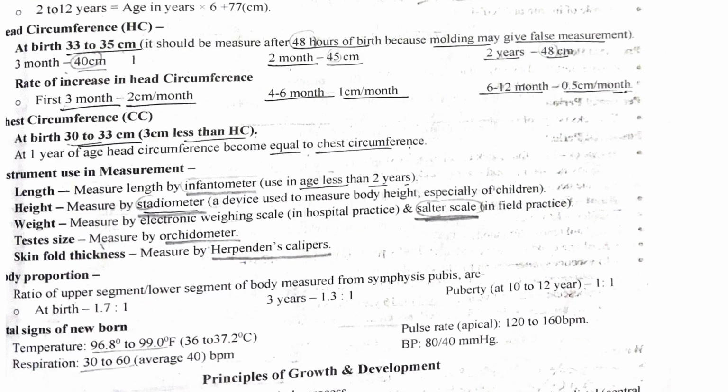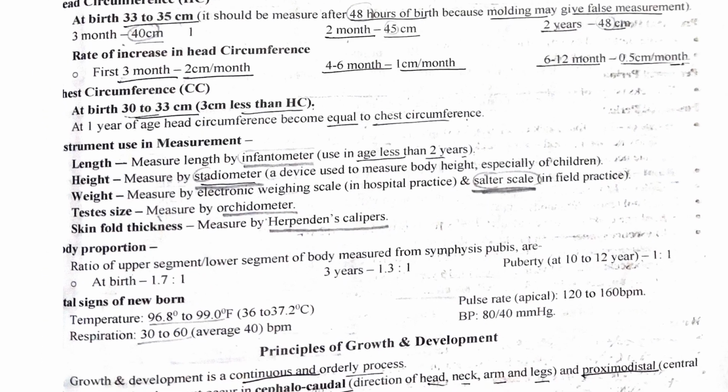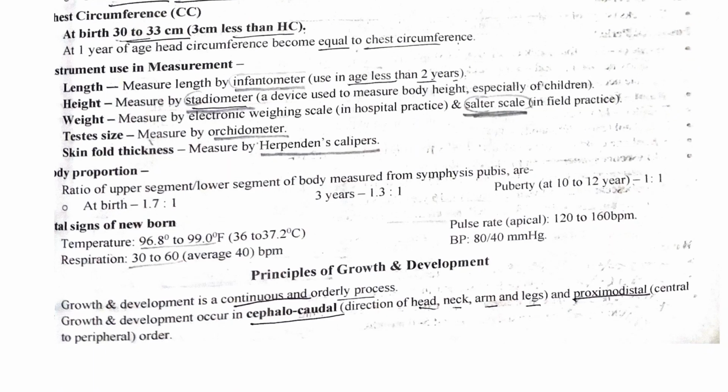Next, body proportion. The ratio of upper segment to lower segment of the body, measured from the symphysis pubis, is at birth 1.7 to 1, at 3 years 1.3 to 1, at puberty, 10 to 12 years, 1 to 1. Vital signs of newborn.